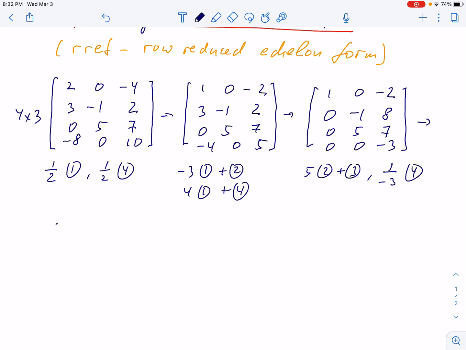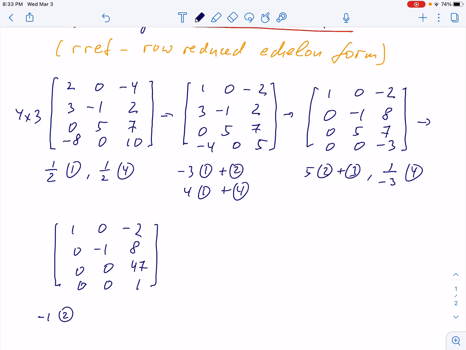Okay, so what will be the next configuration? 1, 0, -2, no change. 0, -1, 8. 0, 0 now. We multiply by 5, so there'll be 47 here. And the last row is 0, 0, 1. Okay, the second column is practically reduced. I shall multiply it by -1 to make real pivot here.